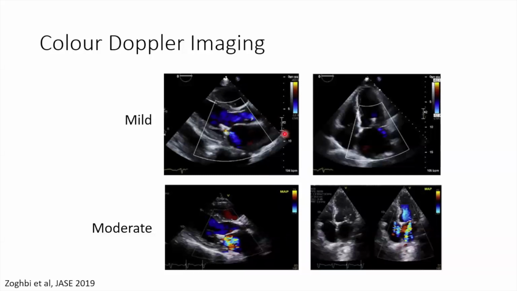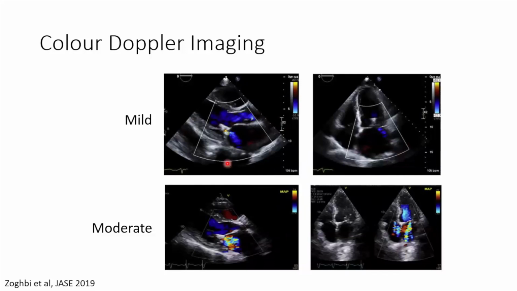So just to give some examples of what may be considered mild, moderate, these are the ways that we all also assess native regurgitation, but they do apply in the setting of post-clip patients. So mild, these Doppler jets tend to be more narrow, small. They don't have much aliasing, as you can see here.